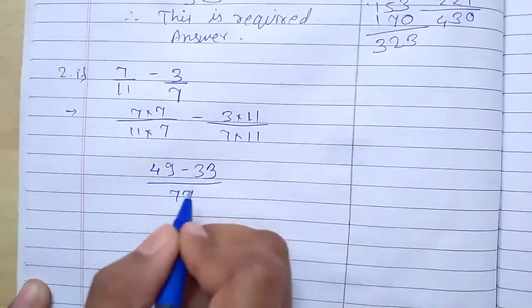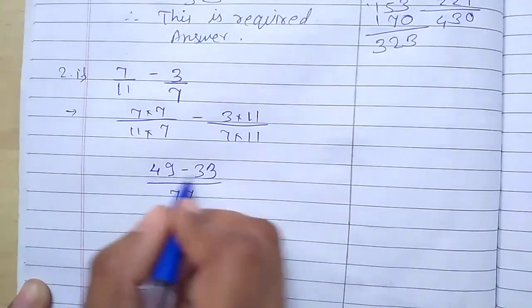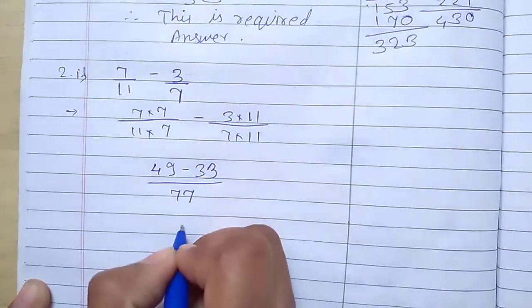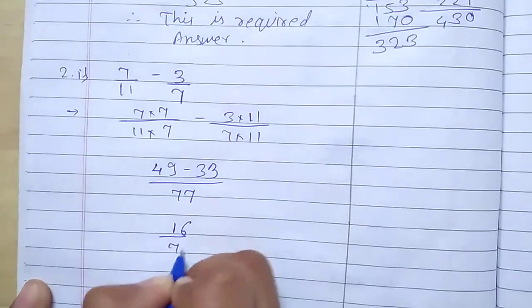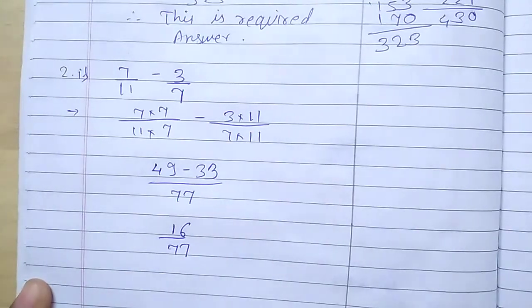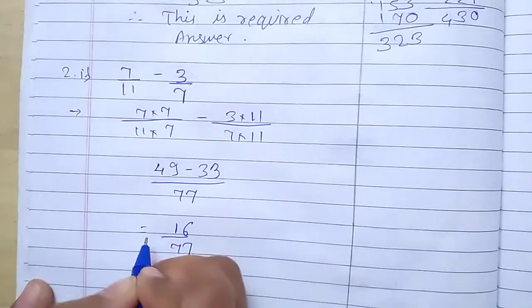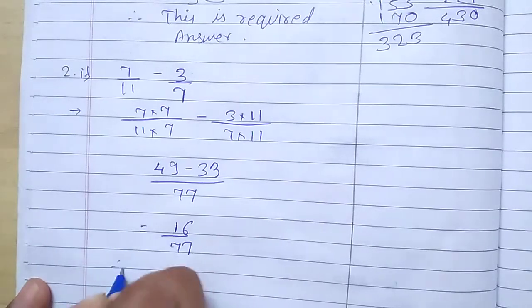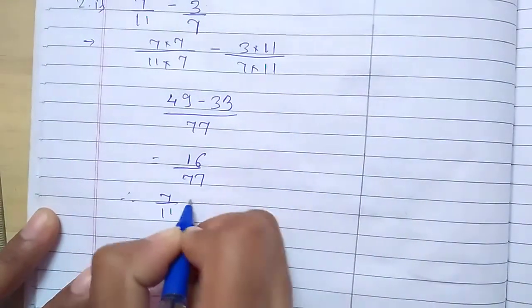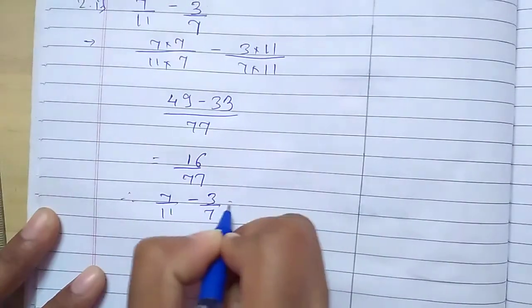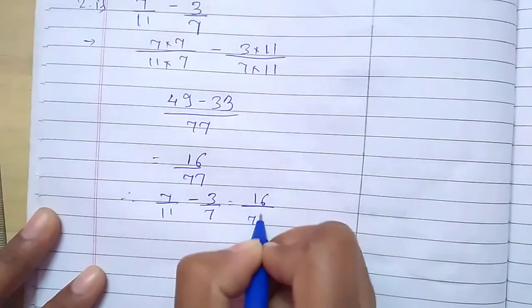Then how much will you get? 9 minus 3 is 6, 4 minus 3 is 1, so 16 upon 77. This is the answer. Therefore 7 upon 11 minus 3 upon 7 is equal to 16 upon 77.